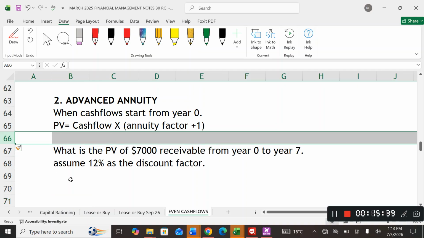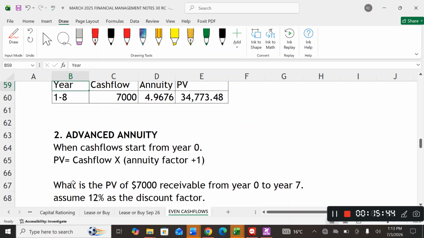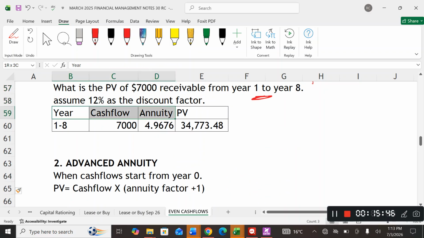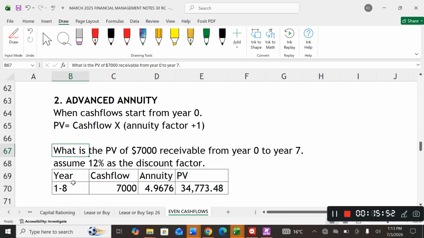We are going to find our present value this way. I'm going to copy this table again and change a few things. It's now year 0 to 7, not year 1 to 8. 7,000. I'm going to change my annuity factor.